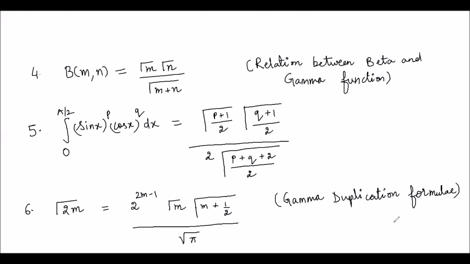We have some more results for beta and gamma functions. Let us discuss them. So if I name it as the seventh property, we can write beta of p and q.